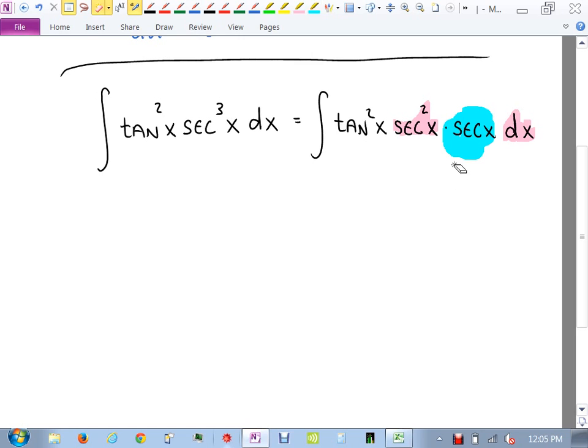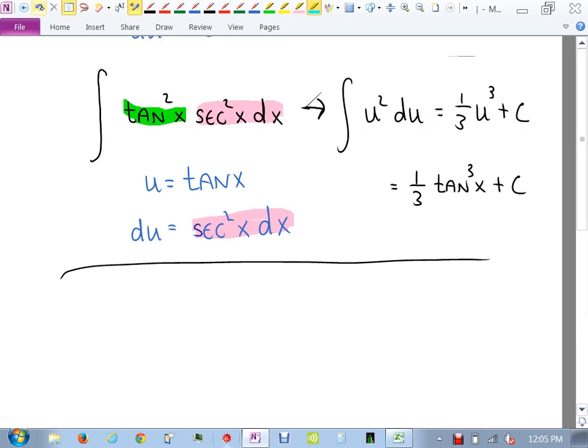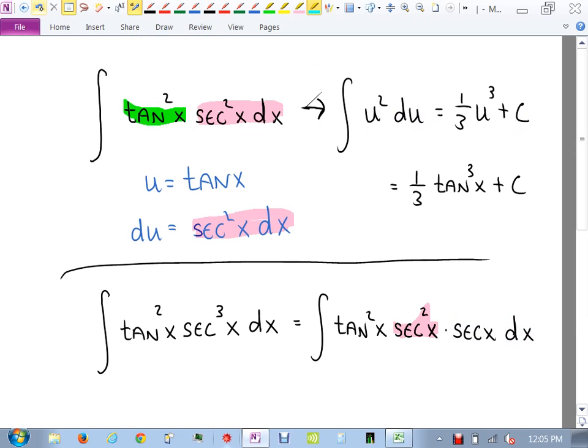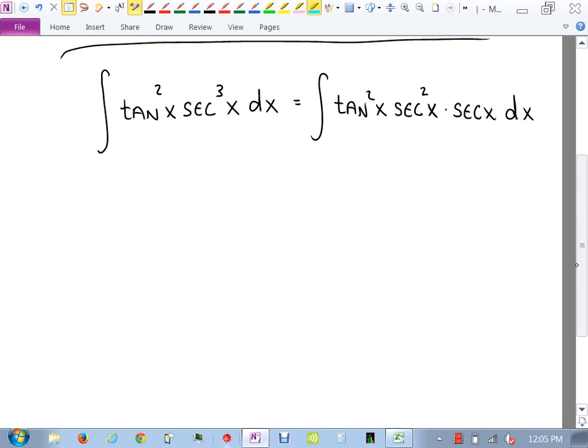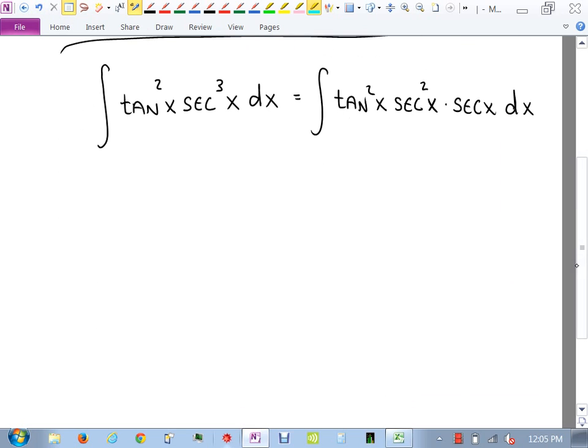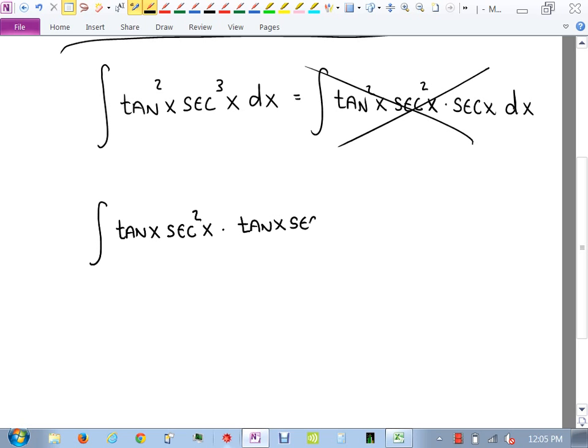Okay, good. How about I scrap all of these ideas here? My original instinct to peel off the secant squared. And why don't I instead go about it this way? Peel off tangent secant. I think that's what you're saying, right?